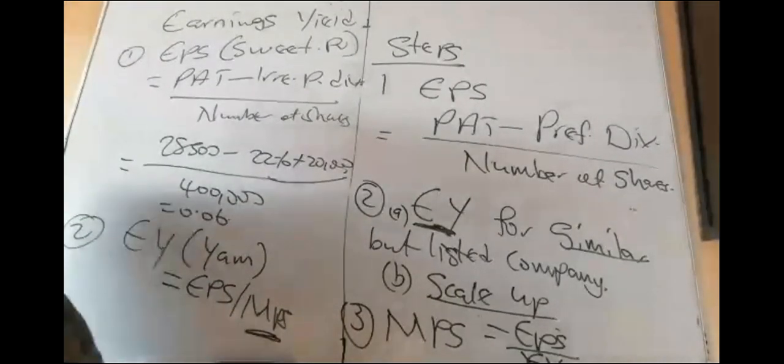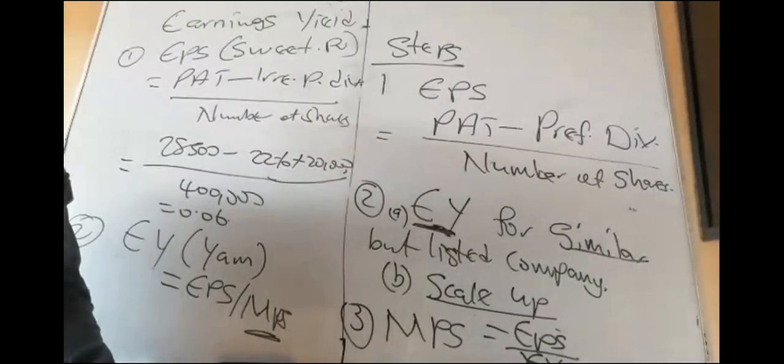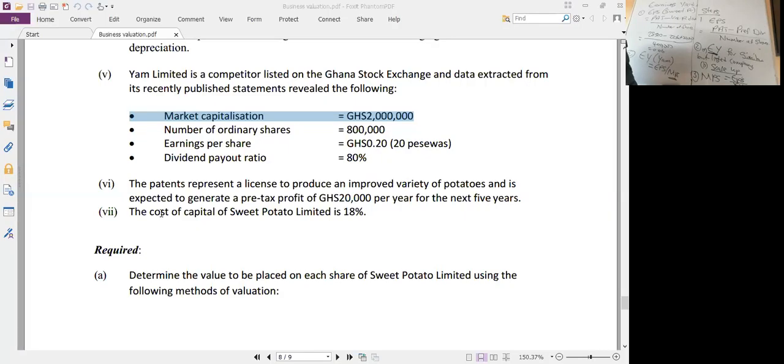How? It is the 2 million divided by 800,000. Perfect. Great. So now let's continue.